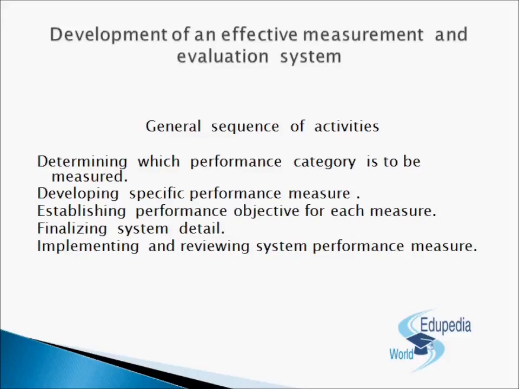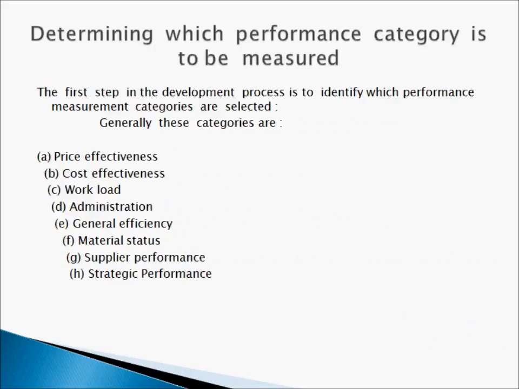Now let's have a look at the first activity concerned with the development of an effective measurement and evaluation system. The first step is concerned with the identification of the performance measurement categories.